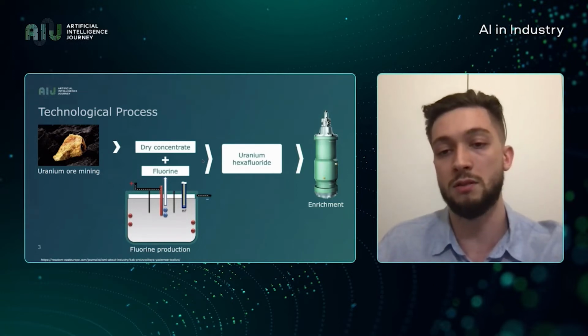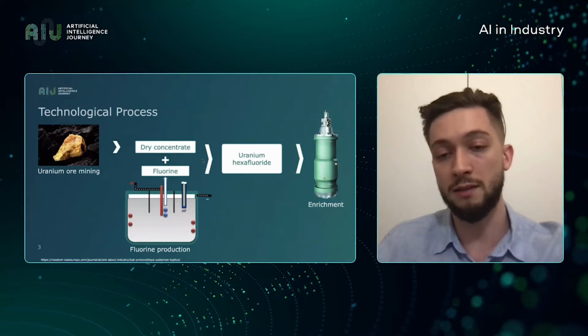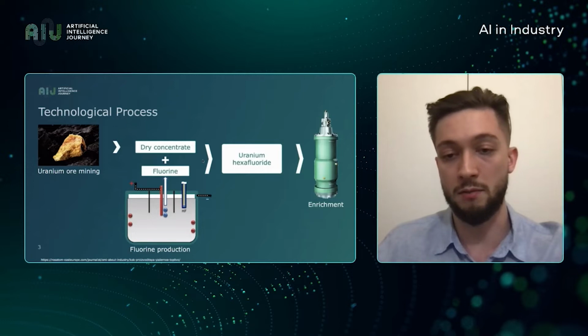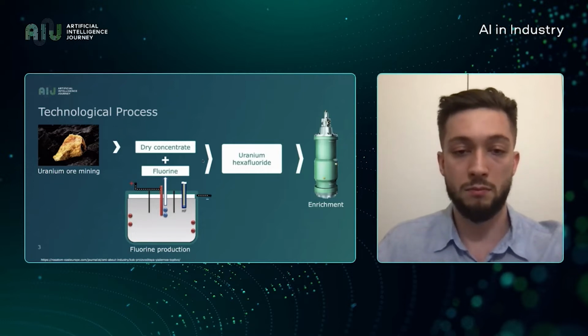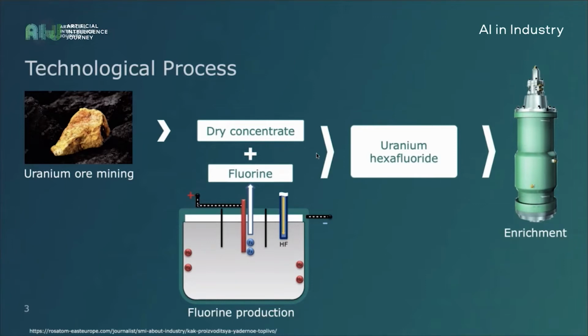And then it's also about baking, work with the sand, putting it into special fuel cells and assembly of the cells. So you see that fluorine is in the center of the process, and fluorine is very important. So we concentrated on one of the production areas, in one of the production units.